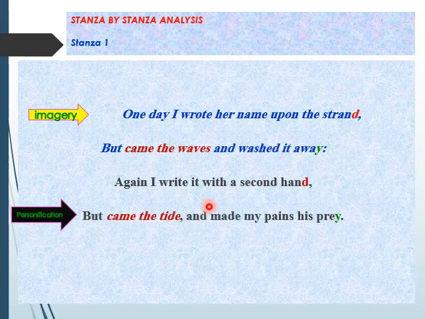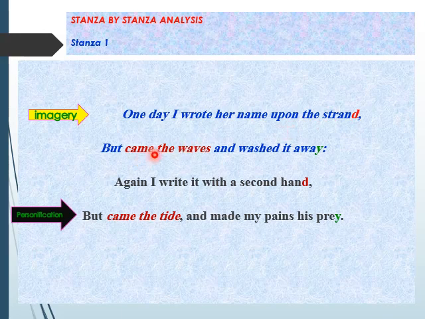So, first, one day I wrote her name upon the strand. So the poet himself is telling us the story that one day, he and his wife were sitting there, and he wrote her name upon the strand, on the sand.